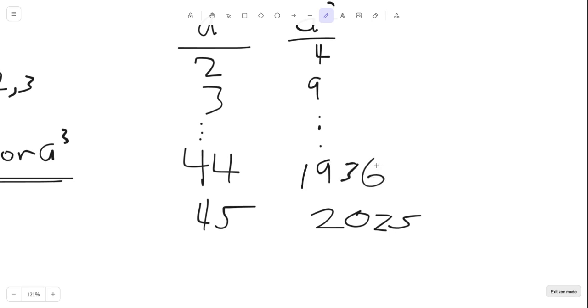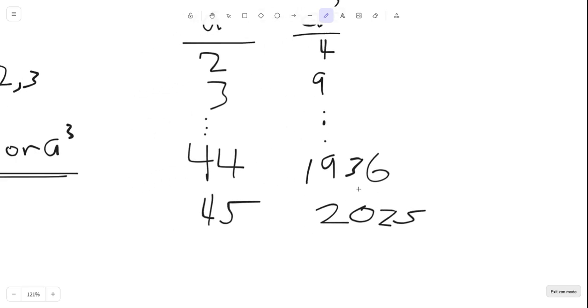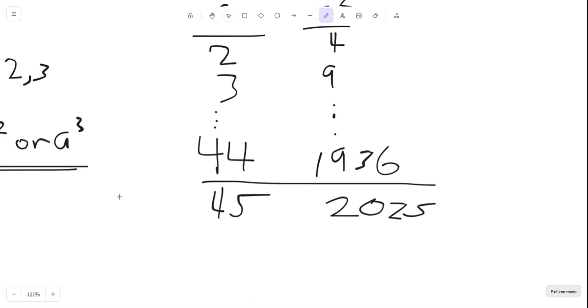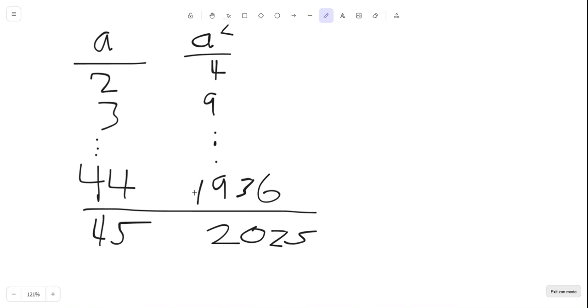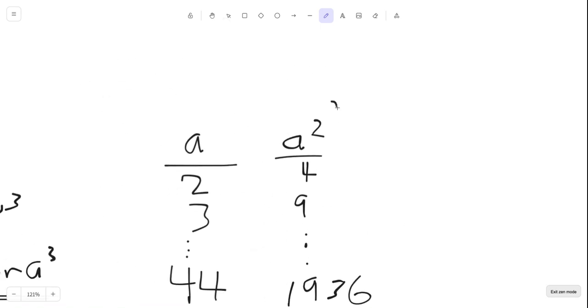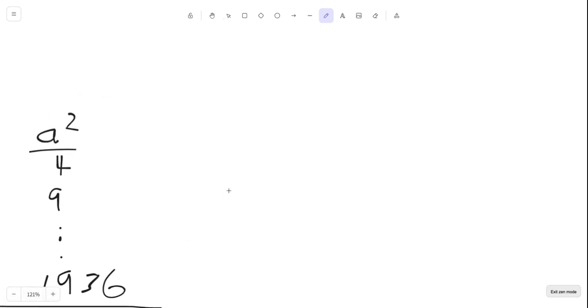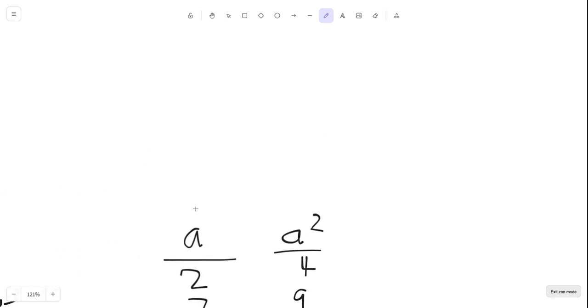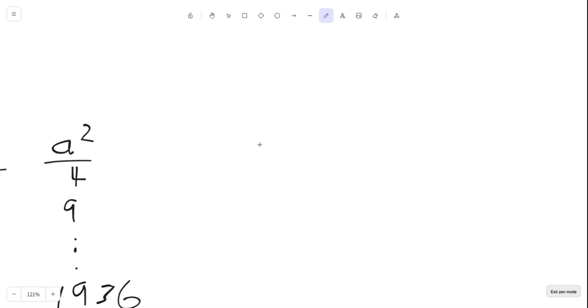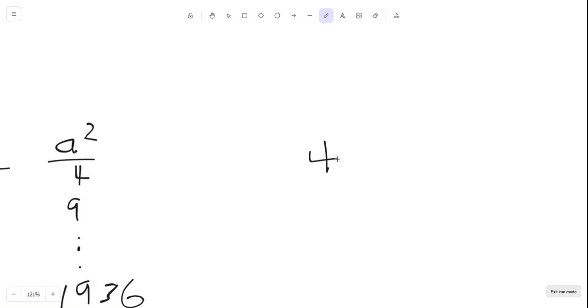Right. And you can see that this is the largest a, such that b is still less than 2005 for the case where b is a squared. So we have 2 through 44, which gives us 43 cases for a.